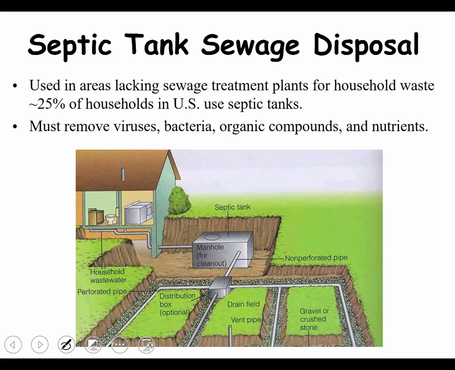Okay. A big source of potential groundwater pollution is septic tank systems. About 25% of the households in the U.S. still use septic tanks, and they are basically designed to remove a variety of things.